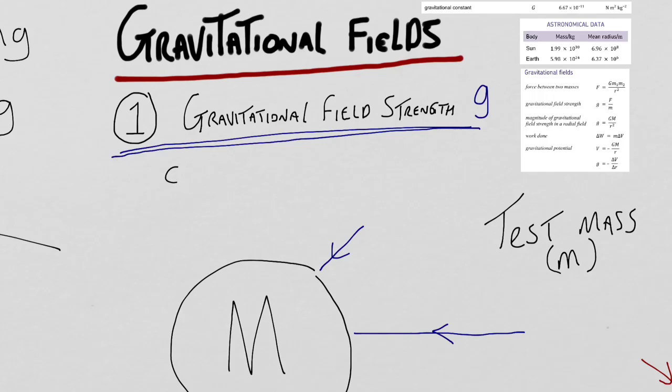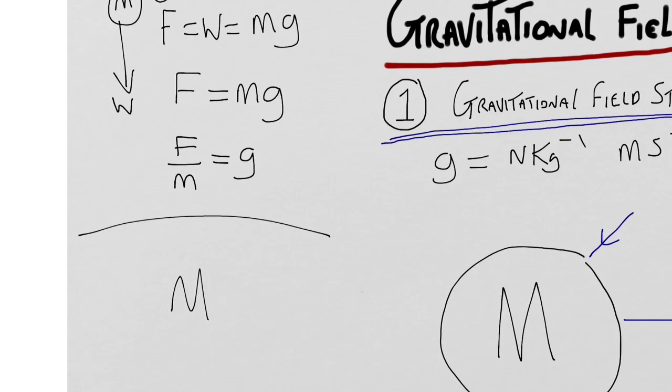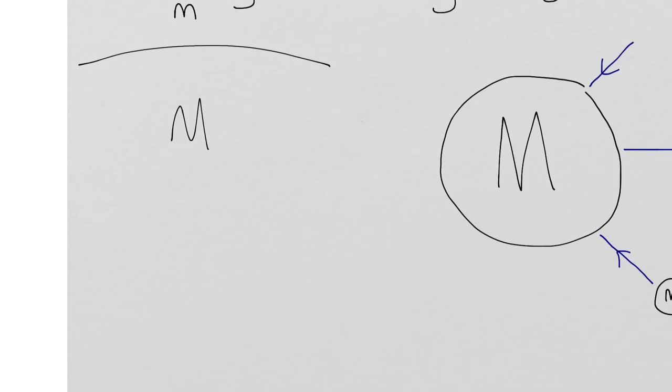So that's one way of measuring it. It's also okay to measure it, as we've said, in meters per second squared, because it's acceleration. And this is because we have two equations.